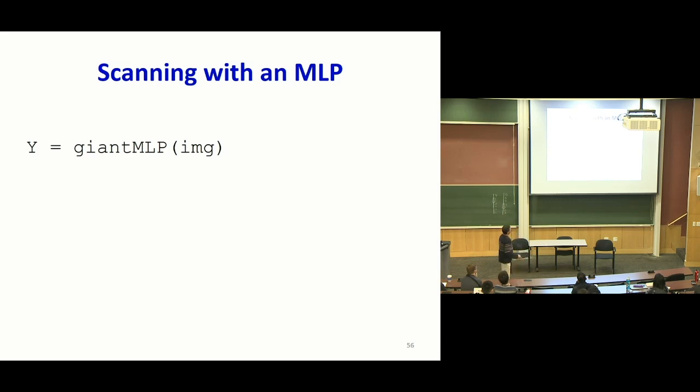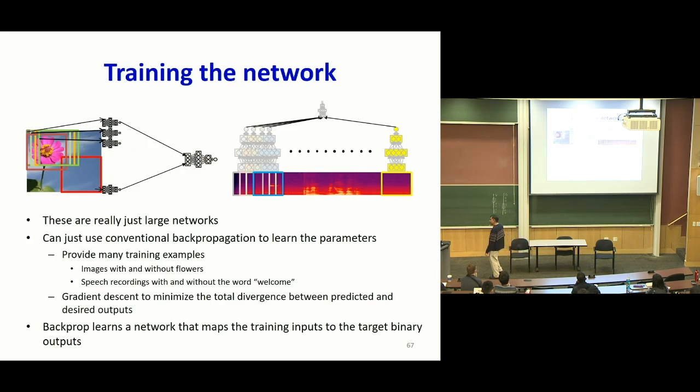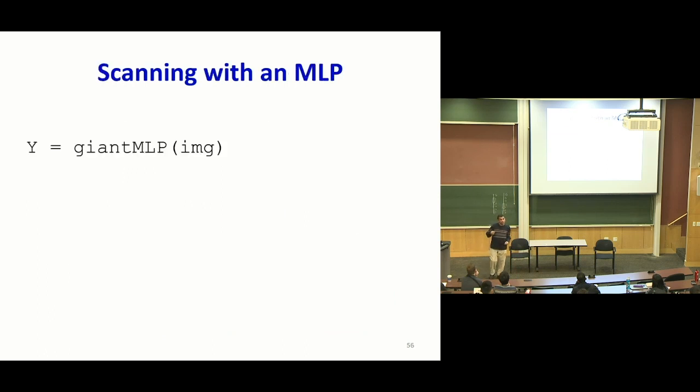Everybody with me? Now, given that I've done this, you can ask me the question, where did that original flower detector come from? Where did that original welcome detector come from? Something magical happened when I set the whole thing in this framework, which is that I no longer have to go and train a special welcome detector. I don't actually have to go and train a special flower detector of the right size.